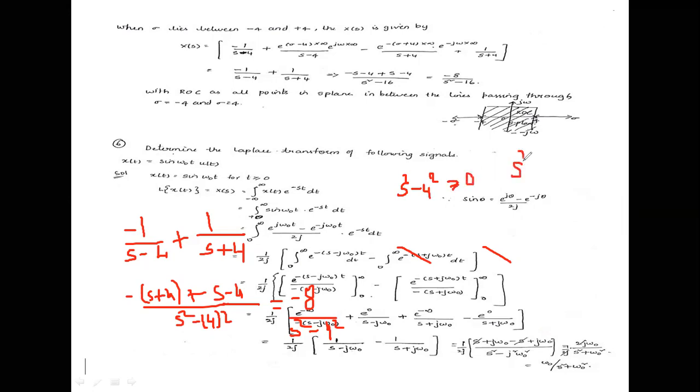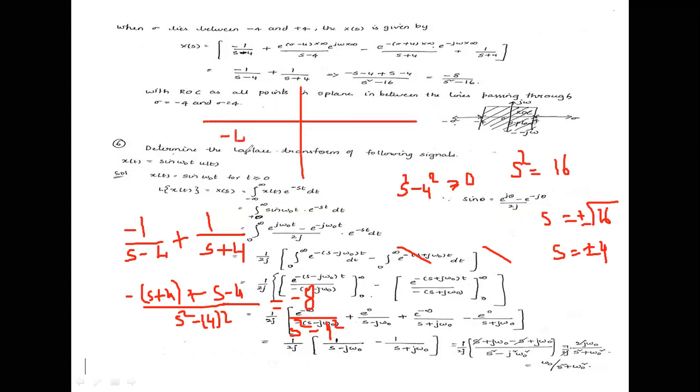You can see s square is equal to 16, and s is equal to plus or minus under root of 16, so s is equal to plus or minus 4. So it starts from above the value of minus 4 and below the value of plus 4, in between the range of minus 4 to 4.